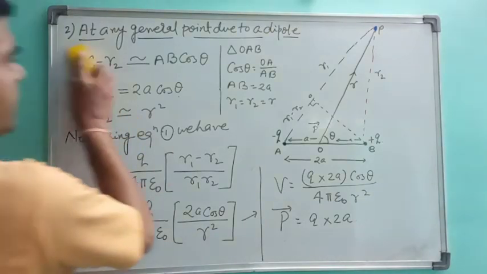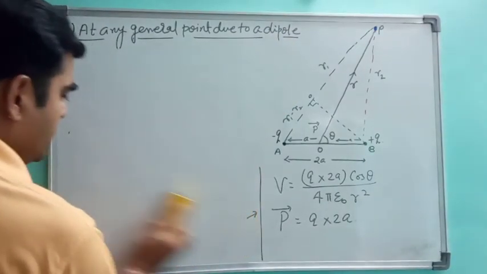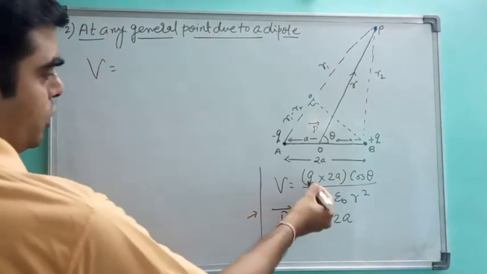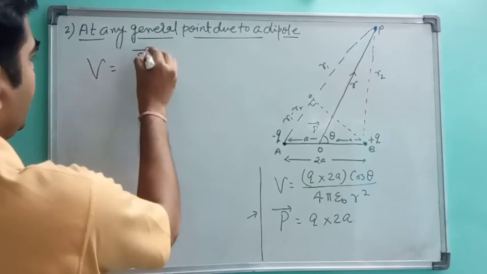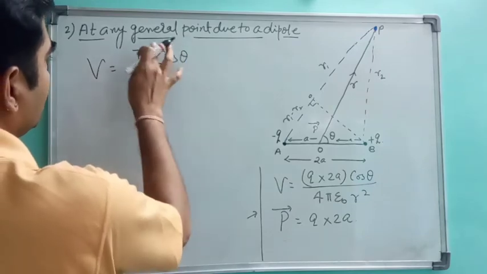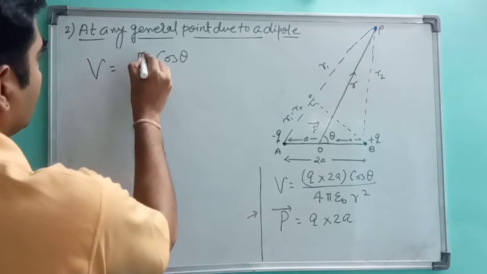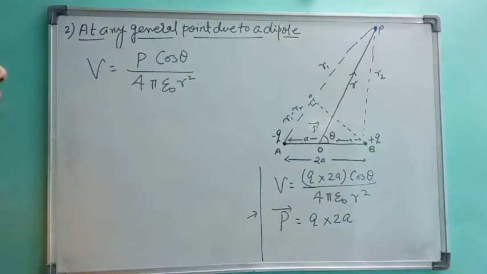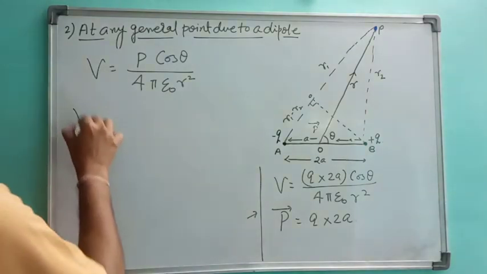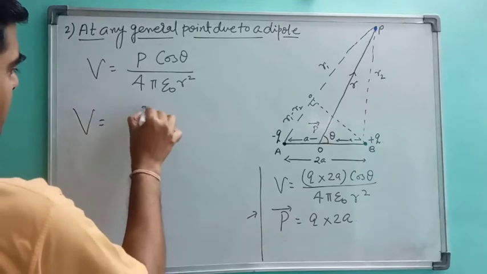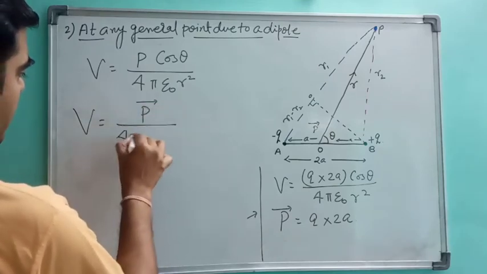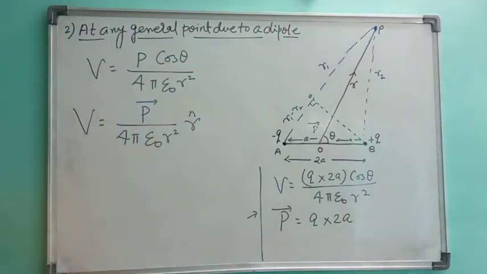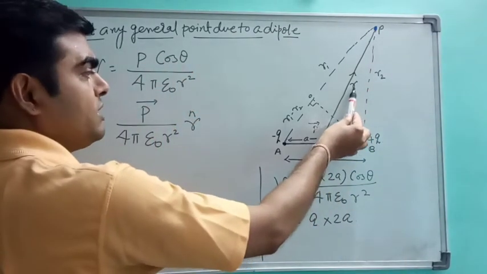Okay, so the next point: V is equal to q into 2a, replaced by dipole moment p cos theta, over 4 pi epsilon naught r squared. And now it is a vector quantity, so the dipole moment p over 4 pi epsilon naught r squared times r cap, because cos theta is made with the position vector r.